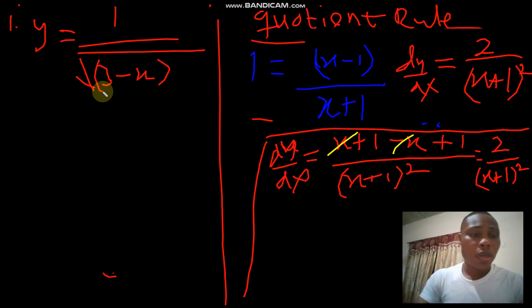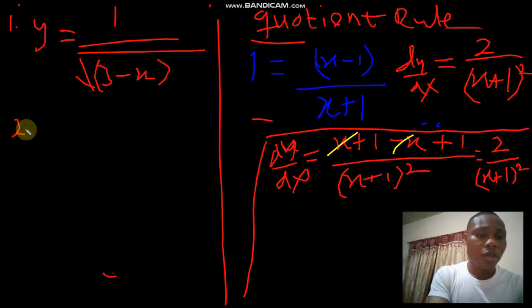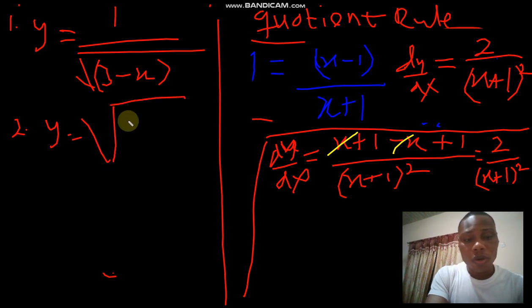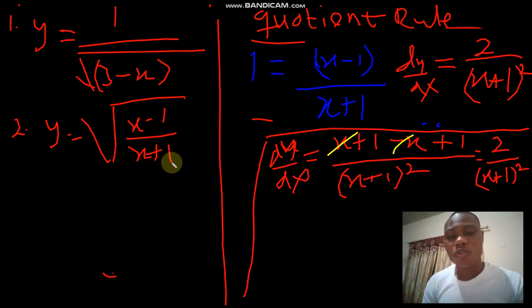Also, let's assume that you have y equal to the square root of x minus 1 over x plus 1. So you can try it and let's see these 2 examples.